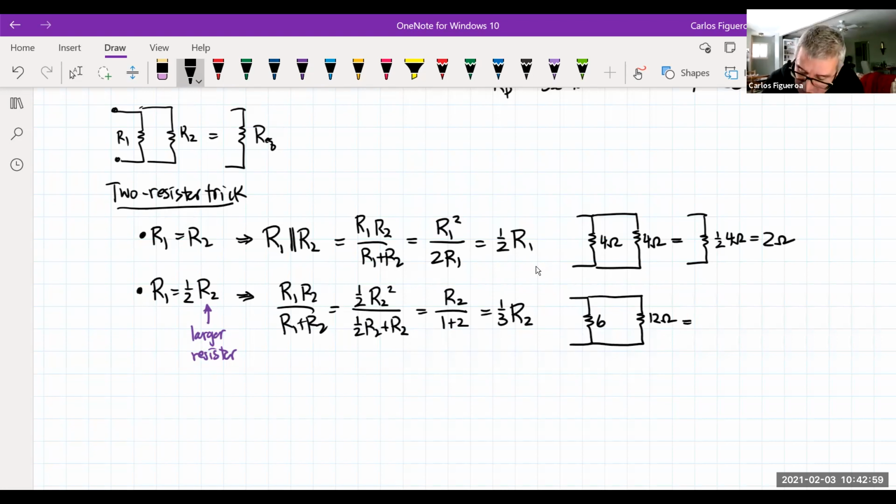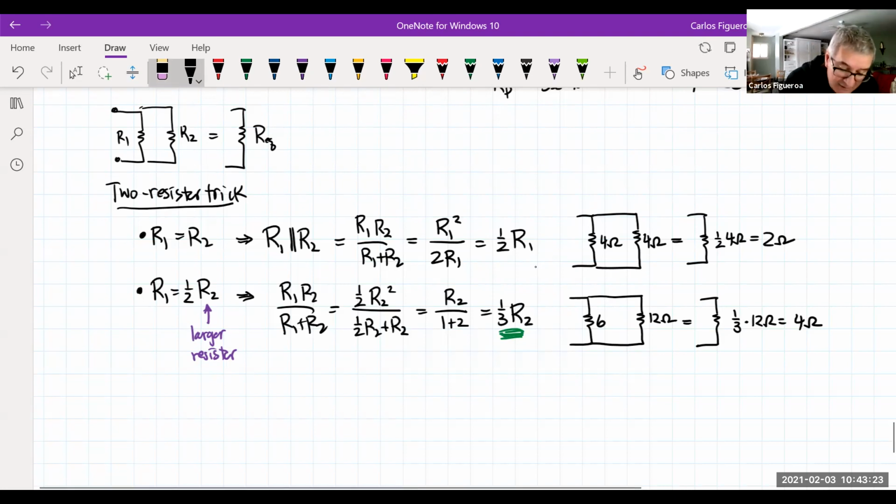So according to this rule here, I can apply this thing right here. This tells me that I take 1/3 the value times what? The larger resistor value, which gives me 4 ohms. So you could immediately take that resistor and reduce it instantly.